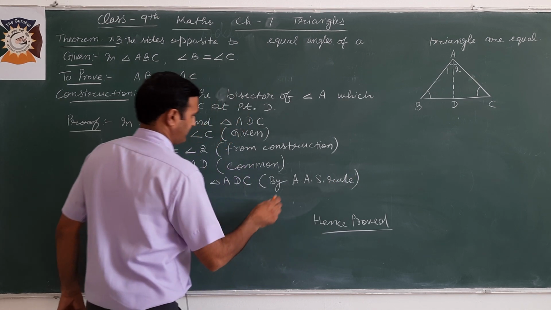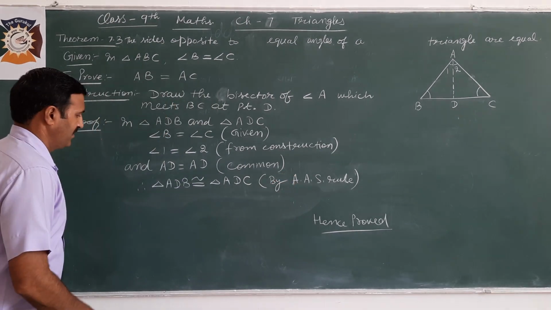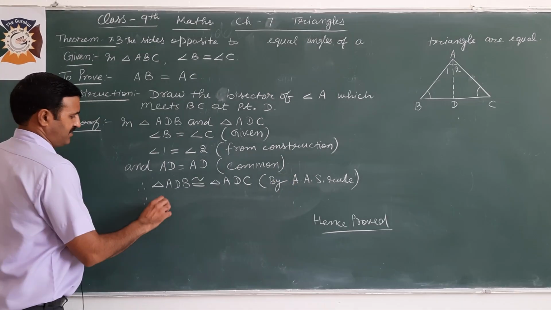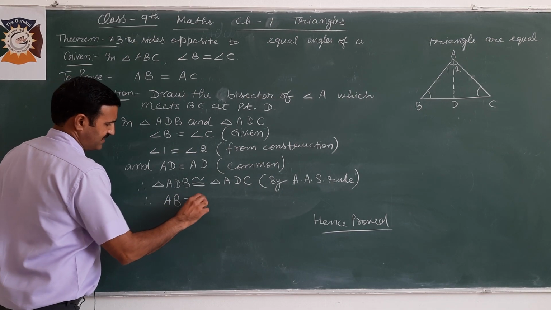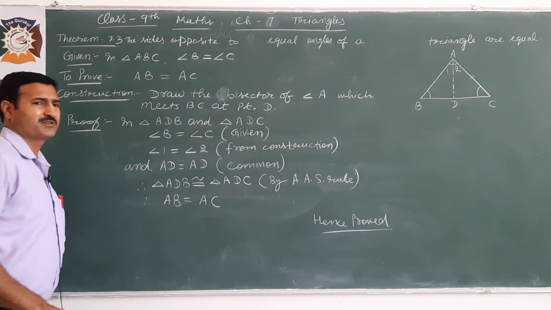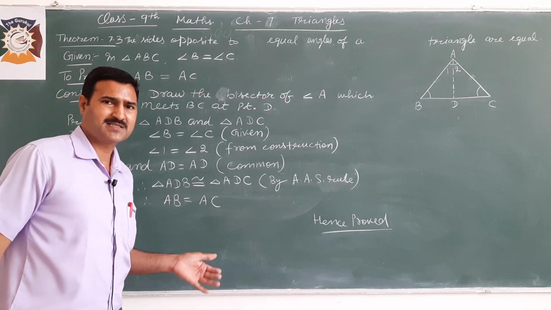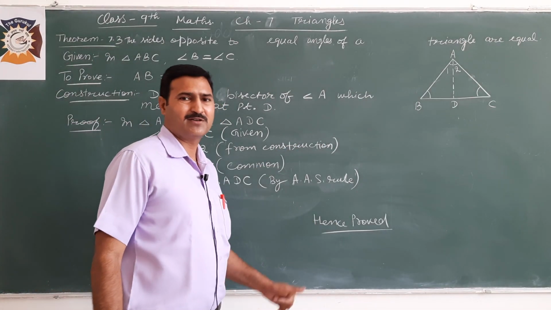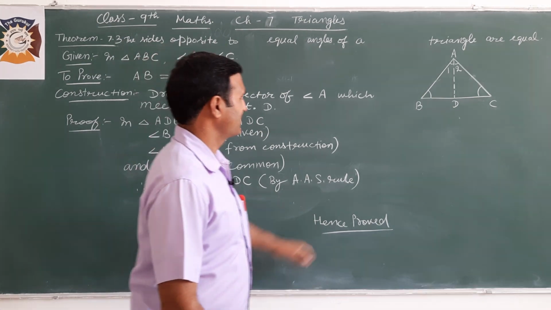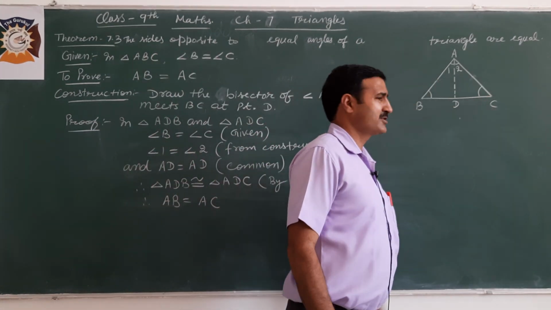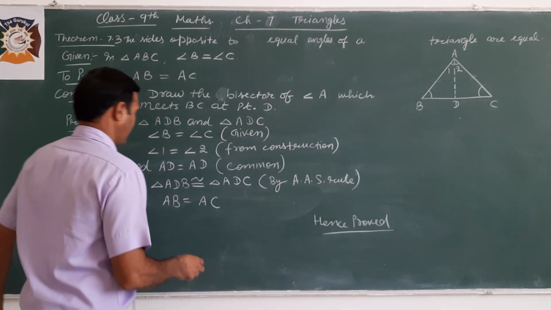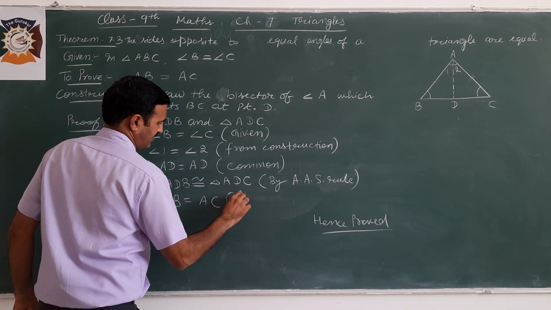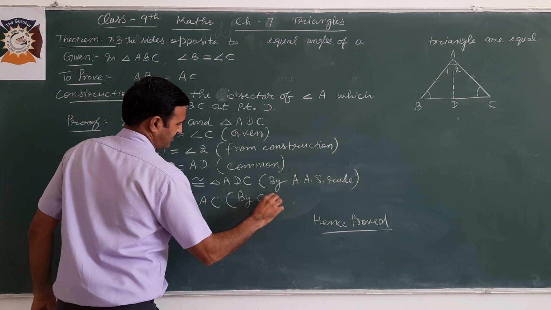Therefore, AB is equal to AC. If two triangles are congruent, then their corresponding parts are equal. Corresponding parts means all the corresponding angles and all corresponding sides. So AB and AC are two corresponding sides by CPCT.